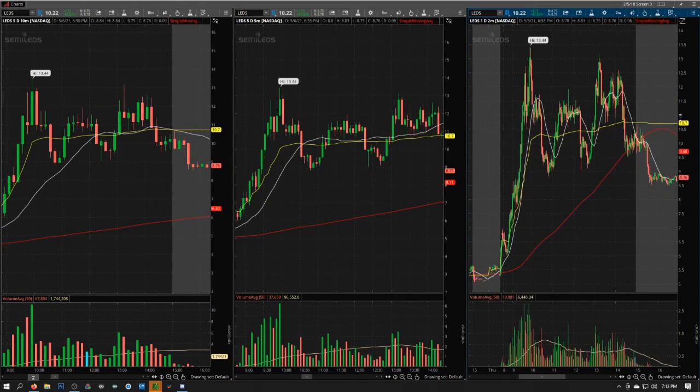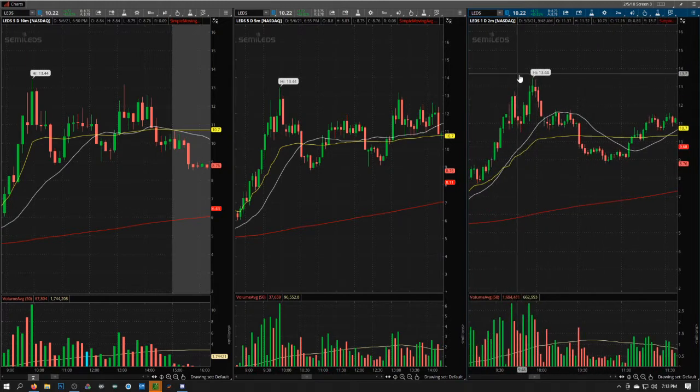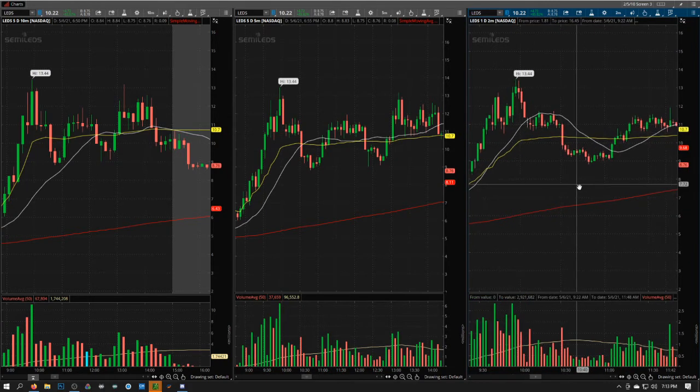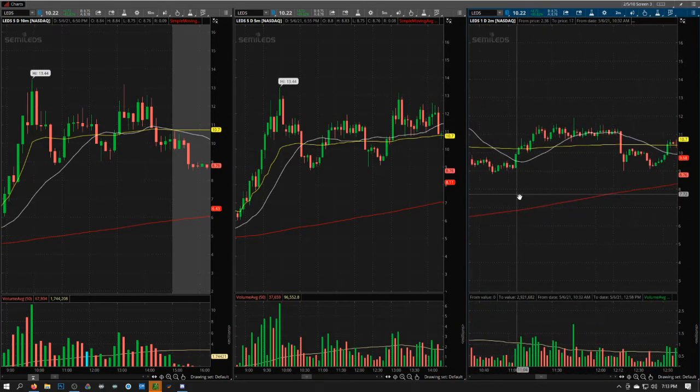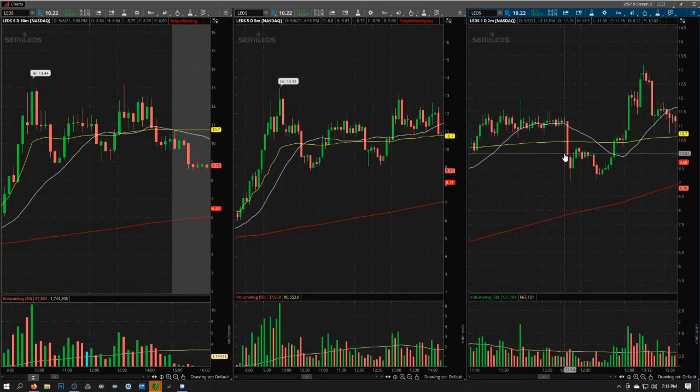It could squeeze. But what have I seen happen more often than not the past few days? I've seen the drops be the more prominent event that takes place. So it dropped, right? And I said, I'm taking ads 9.8 down to 9.55.